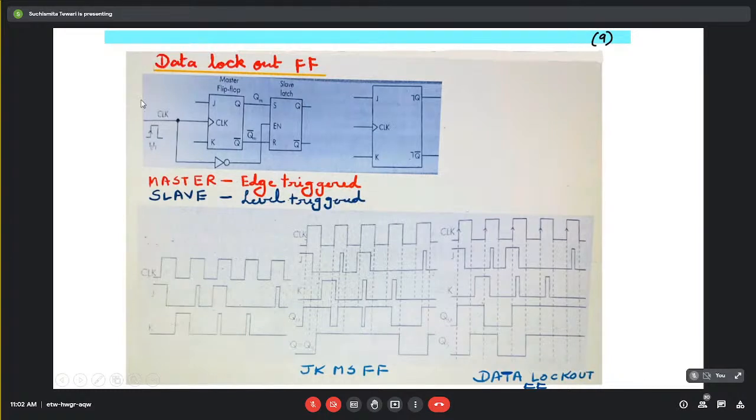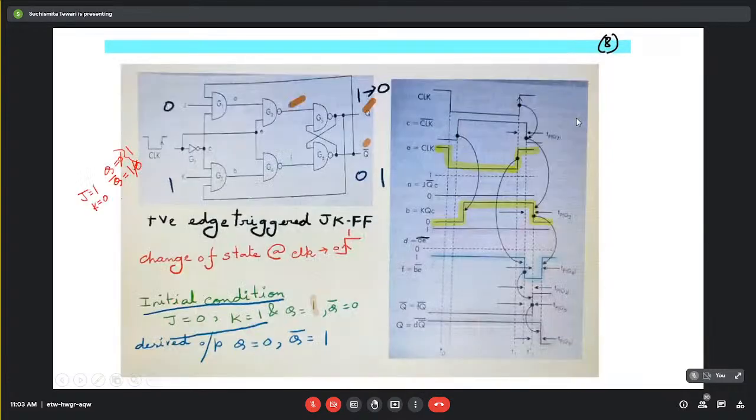Now, I am giving this as a problem to you to verify whether this kind of waveform is coming in case of JK master slave flip-flop or in case of data lockout flip-flop, and why it is called a data lockout flip-flop. This you do by yourself. This is a reading assignment for you. This is the problem. So let's stop here today.